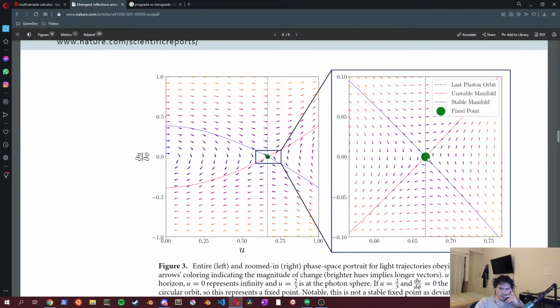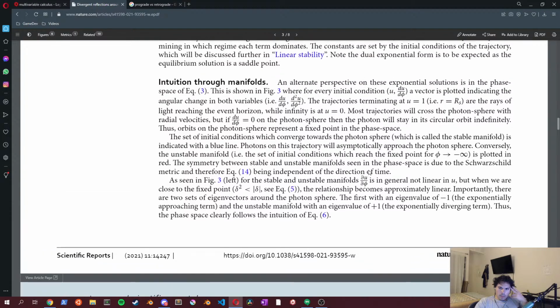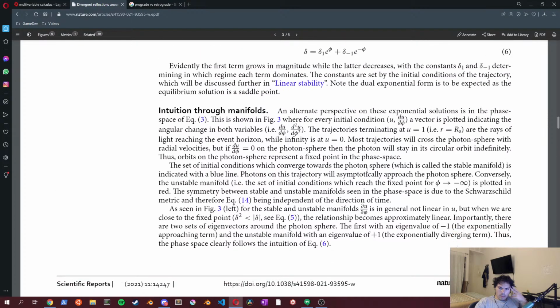So one thing they're saying is if you're right here, you stay there because you have no angular momentum and you're on the photon sphere. Which I buy.